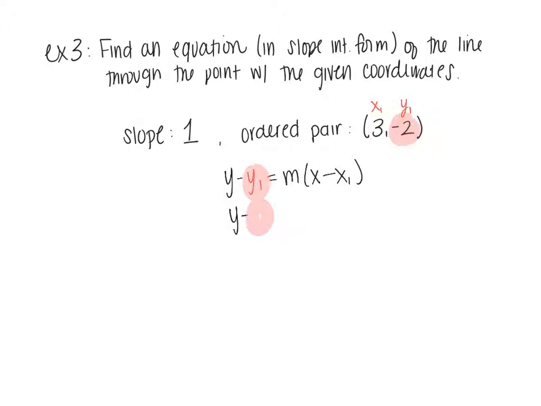So that was negative 2, so I'll have negative 2 equals m, which is always my slope, and then x minus x1.